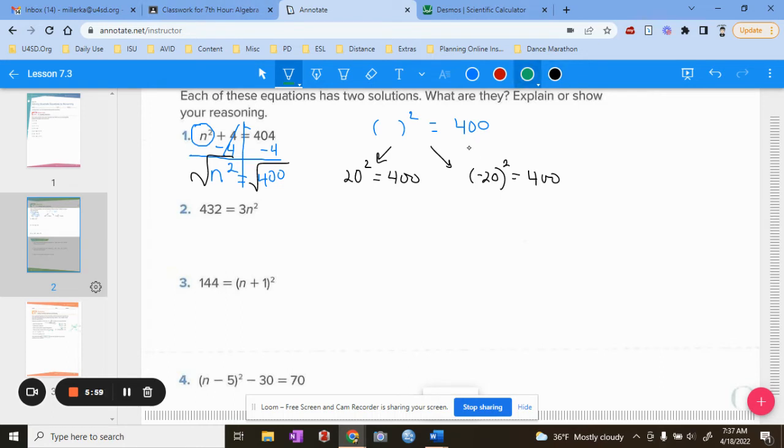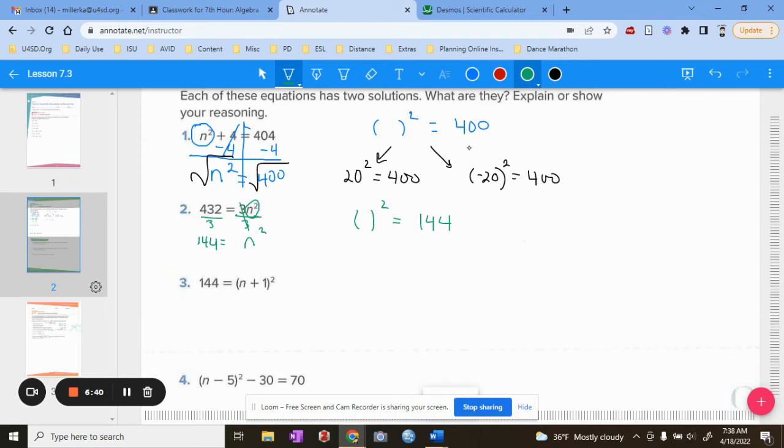Let's use that same strategy on number 2. 432 equals 3 times n squared. So I want to isolate the n squared. So I am going to undo the multiplication. So we get n squared equals 432 divided by 3. So that is 144. Okay, so now what squared gives us 144?